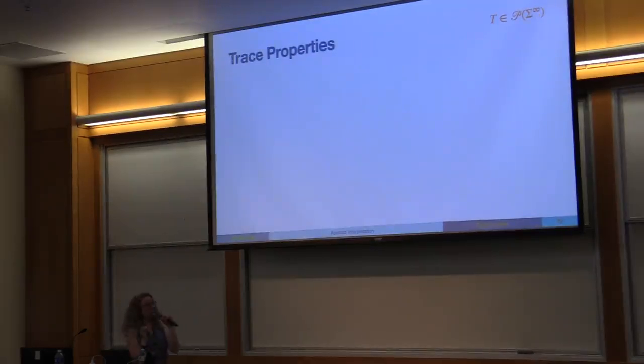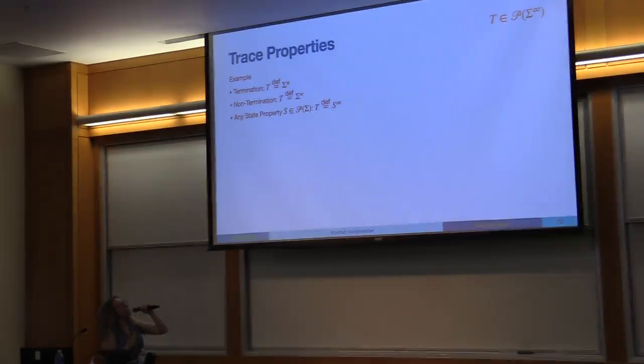A bit more complicated are the trace properties. These are properties of executions. Examples are, for instance, termination, which is a classic one. The property of executions is going to be the set of traces that are finite. So this is the definition of termination. Non-termination is the set of sequences that never terminate, so the infinite ones.